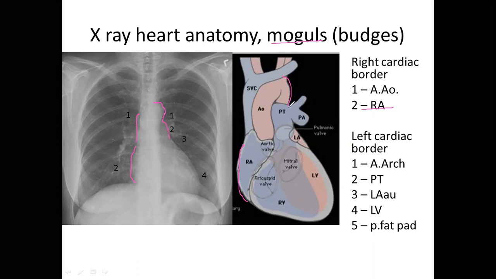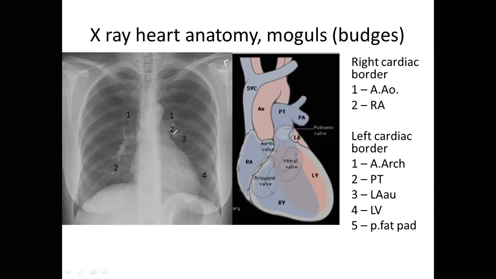This second bulge is formed by the pulmonary trunk, and directly from the pulmonary trunk you are able to see the pulmonary artery, which divides into two branches, upper lobe and lower lobe. And yes, here is the left pulmonary artery right there, and it is divided into the upper lobe artery and lower lobe artery right there. Let me please clear that.